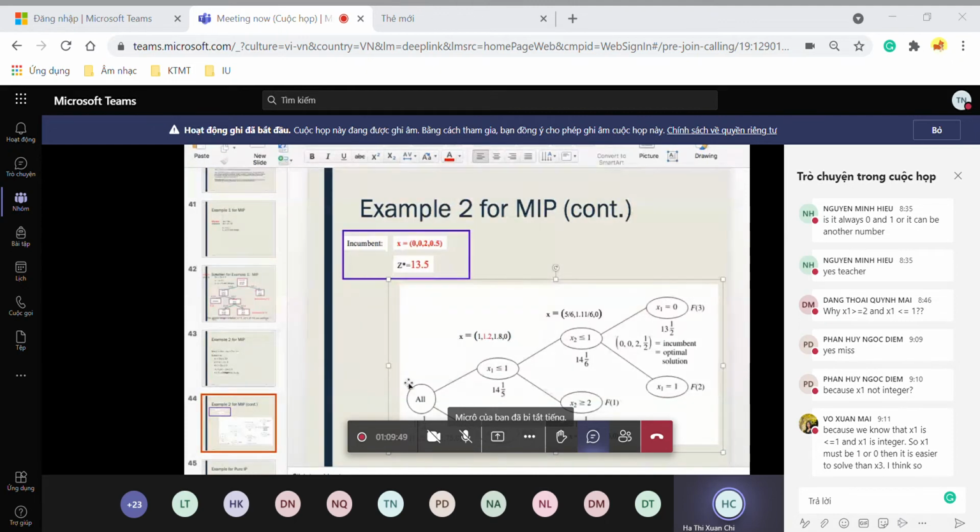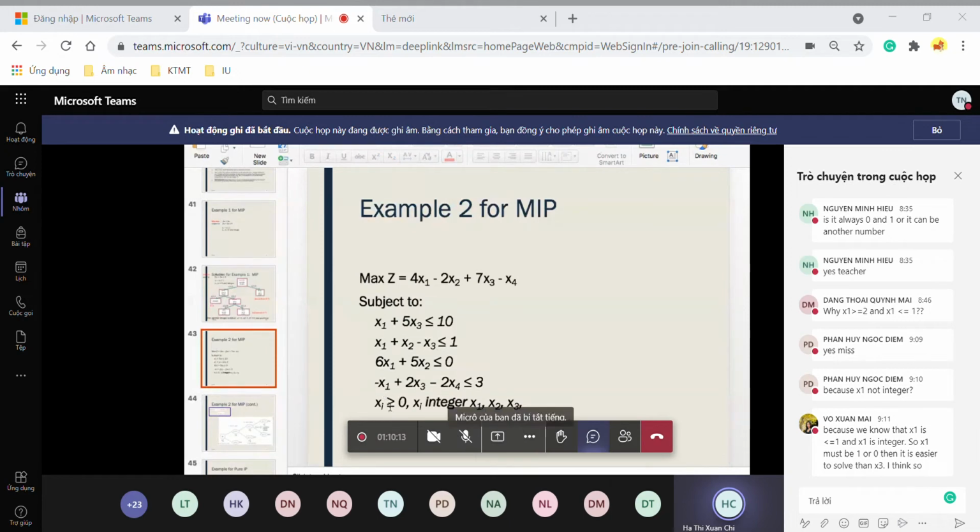You have, look at this. Here, you have x1 less than or equal to 1, right? In the first state, in the first problem. You have x1 less than 1. So, you go to here. But in the question, x1 is greater than or equal to 0.